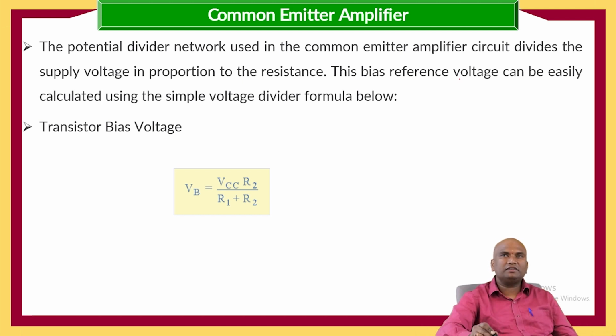And this bias reference voltage can be easily calculated using the voltage divider formula: transistor bias voltage VB equals VCC into R2 by R1 plus R2, because here R2 resistance is connected across the base junction.